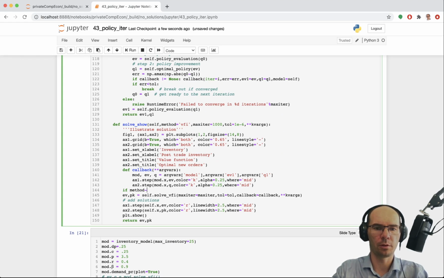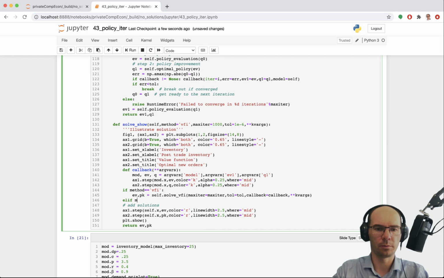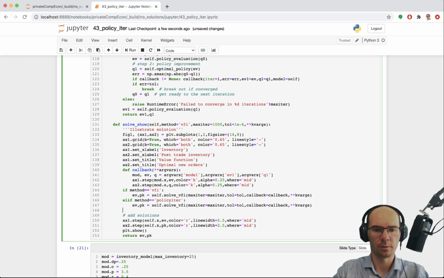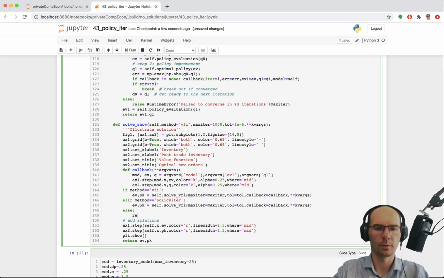If method equals v-phi, elif method equals policy iter. Let's raise error.